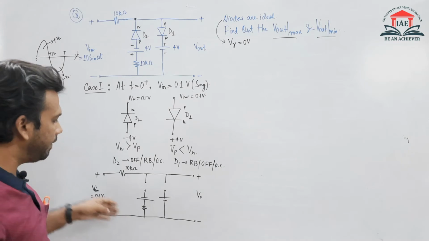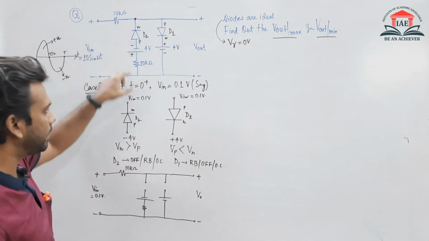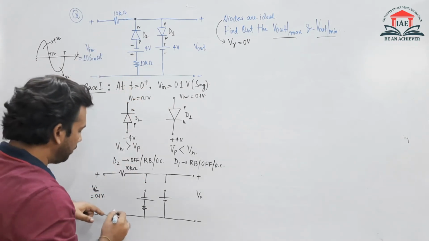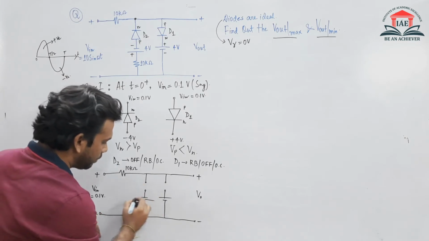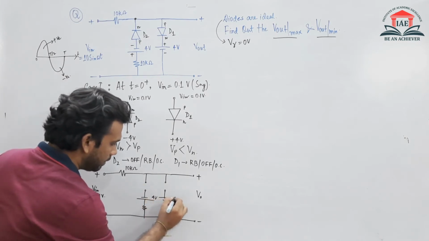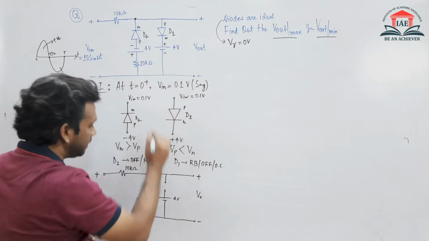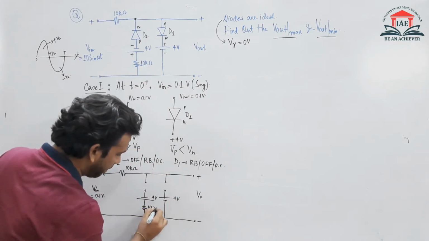So this is the equivalent circuit at t equals 0 plus. This was 4 volt, this was 4 volt, and this resistance was 10 kilo ohm.